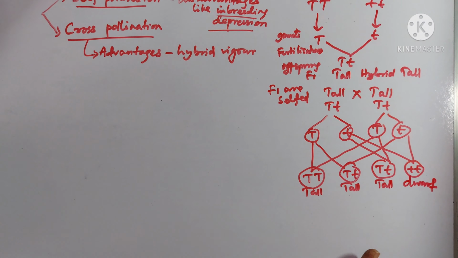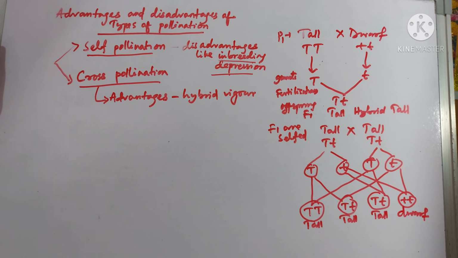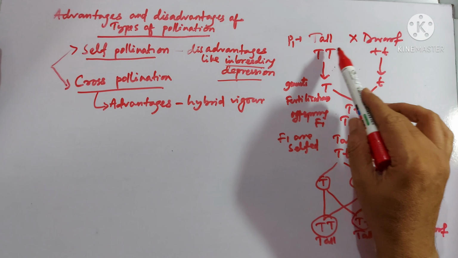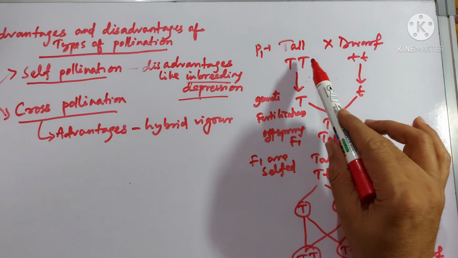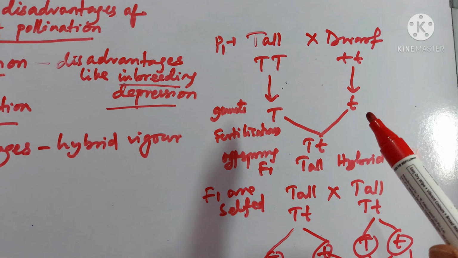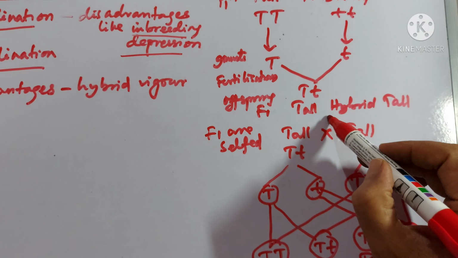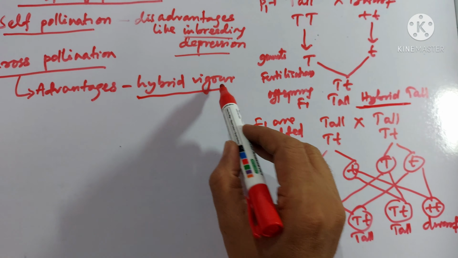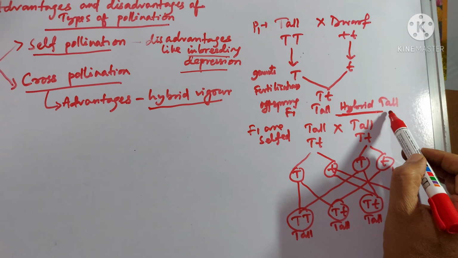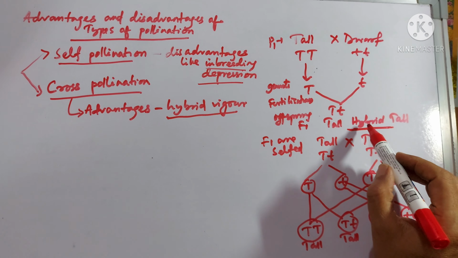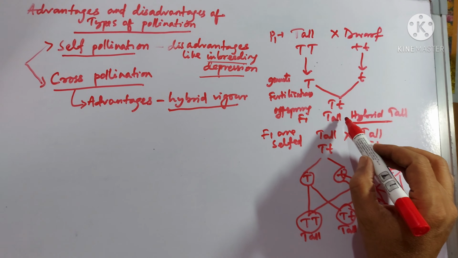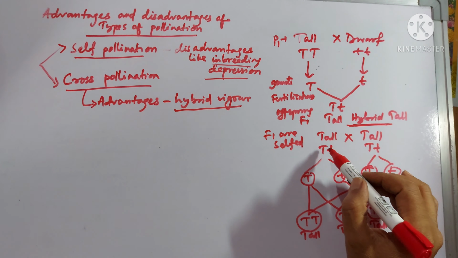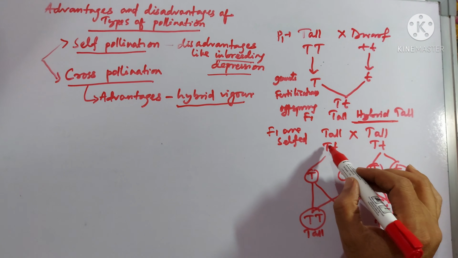So it is important to discuss here that particularly when the tall plant and dwarf plant is there, here the cross pollination occurred and all plants become hybrid. So what we call the hybrid vigor. So 100% plants are hybrid. But when a farmer keeps the seeds of this generation and sows it in the field, then what happens?